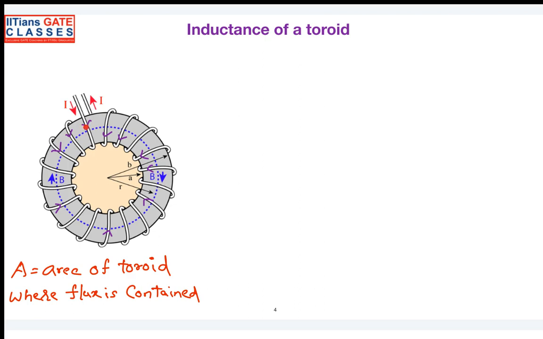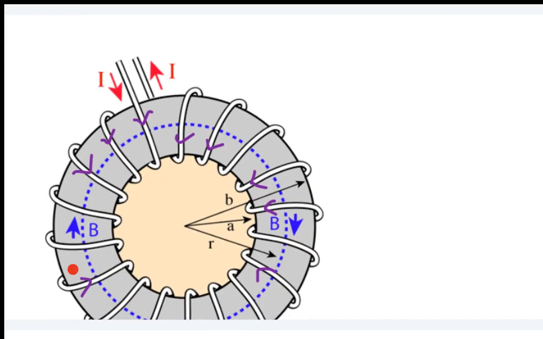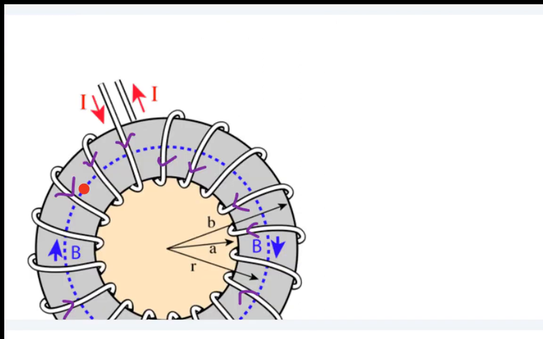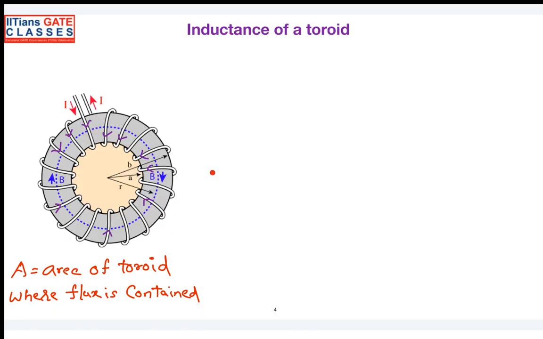Then the thumb is pointing which side? The thumb is pointing something like this, correct? In the same way, if you place all other fingers matching this, the thumb is pointing like this. Similarly, when you place the fingers like this, the thumb is pointing like this. So you join all those points. In which direction is the flux contained? It will be along the circumferential length of the toroid. You got my point or not?